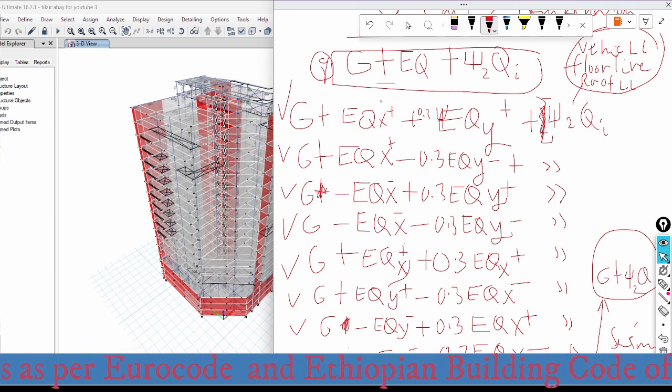So we can say EQX, that is response spectrum, RS X plus. Just simply EQ can be replaced by R in the case of response spectrum.